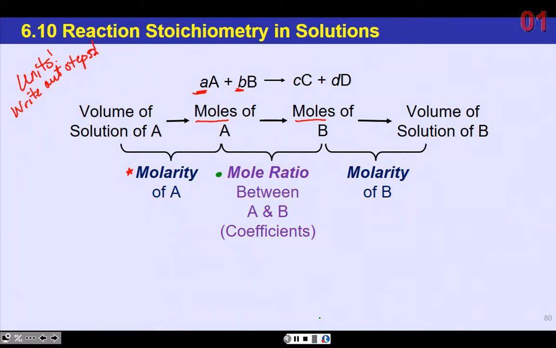We're going to use the mole ratio of the coefficients of A and B. And then once we know the moles of B, to determine its volume, again, we can come back to a molarity, because molarity relates moles and volumes, moles and liters specifically. This is a generic looking formula or setup, but we'll demonstrate how this can be used in a few examples.